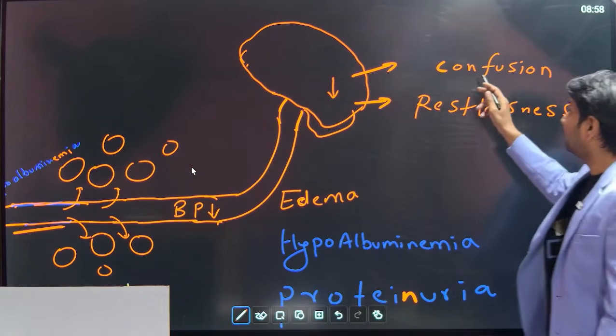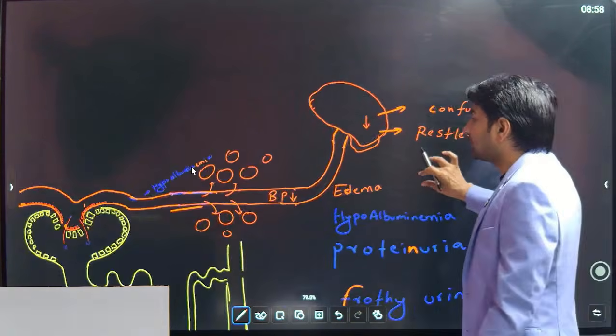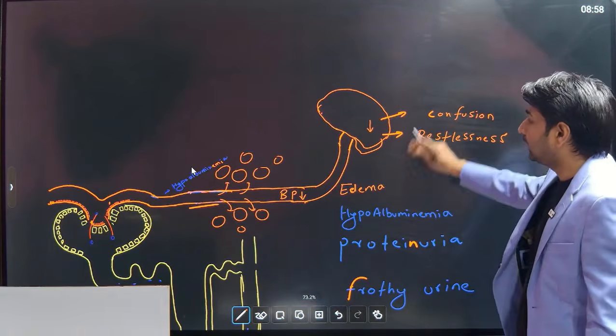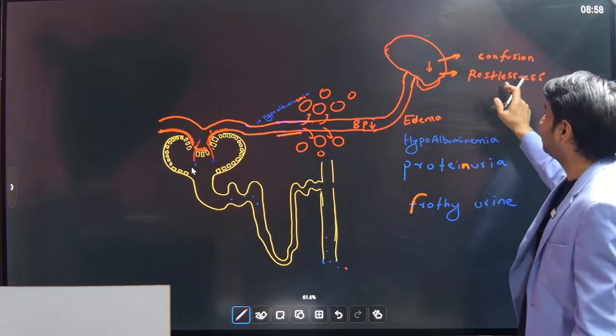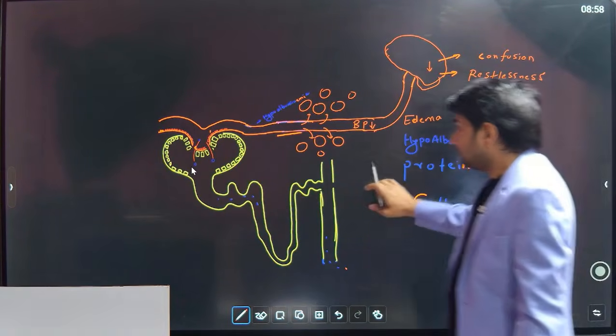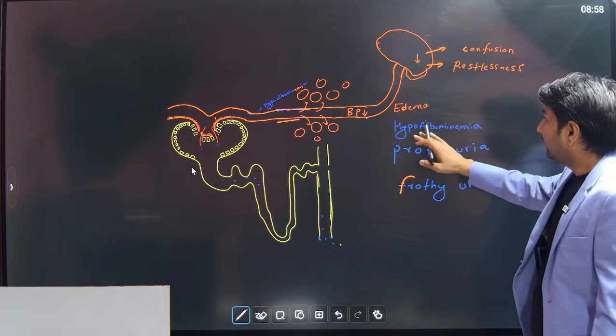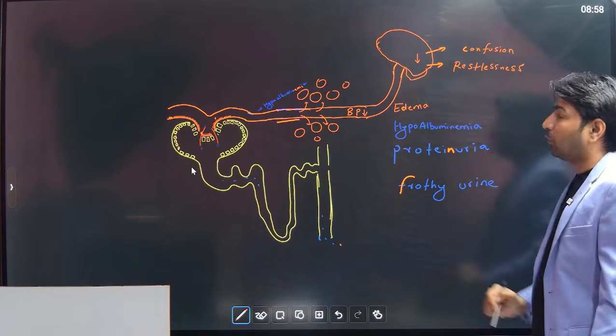And whenever cerebral perfusion decreases, the patient will experience confusion or restlessness. So, this is the most significant warning sign, because brain cells have a chance of being damaged due to less perfusion. This is the most concerning sign.